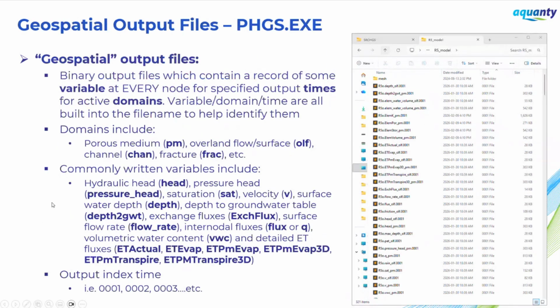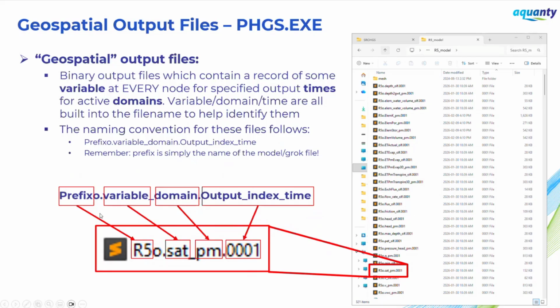In terms of those geospatial output files, again, they're the binary files. I will note that there is a bit of a way to read what these files contain. The formatting of the name of the file is this prefix O. So when we run the R5 model, it will be R5O, then a variable.